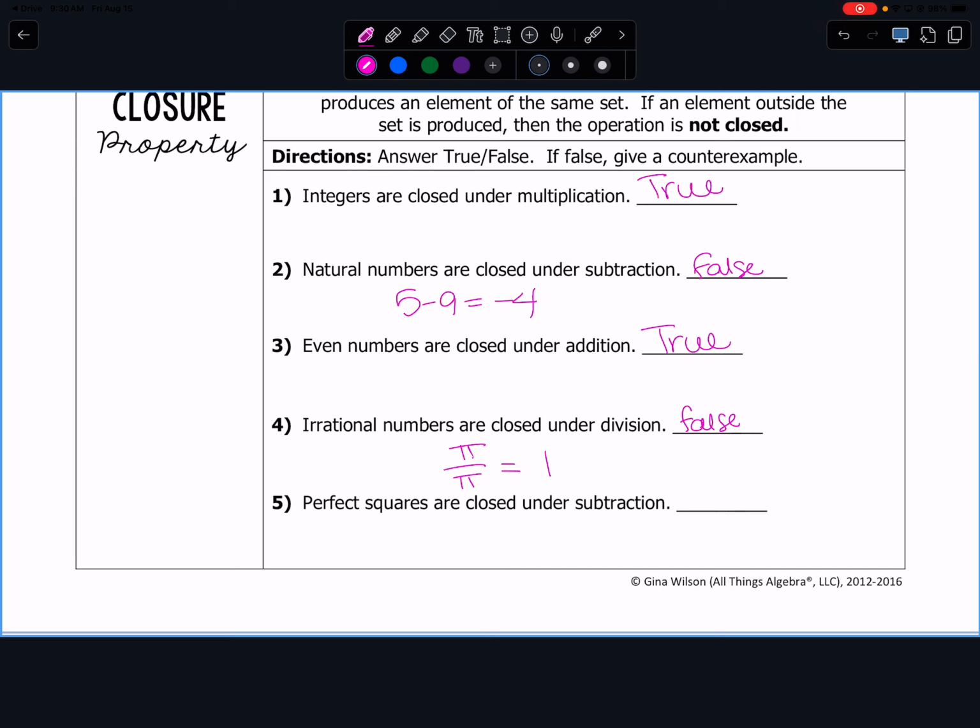Perfect squares are something where I take the number and multiply it by itself. So 4 is a perfect square, 16, 9. Can I subtract two perfect squares and get a perfect square? Sometimes, but not all the time. Because I could take 25 minus 4 and get 21, which is not a perfect square. So this is false.